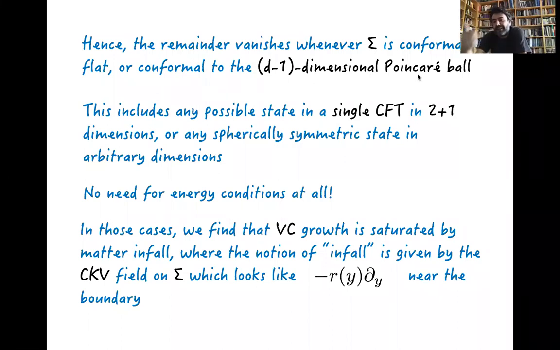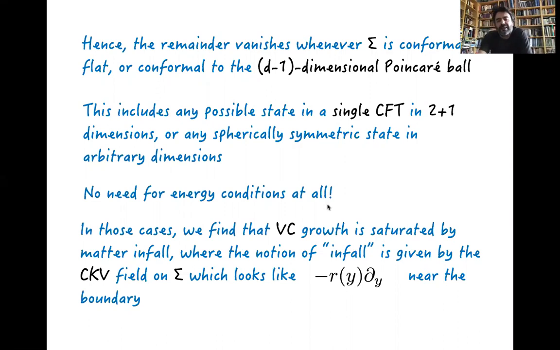So I can always find the C field with the right properties, which is a conformal Killing vector. This is nice because I don't need any energy conditions at all on T mu nu. This is totally general, it's kind of kinematical, and the reason is that it comes from the momentum constraint. So it's kind of interesting.